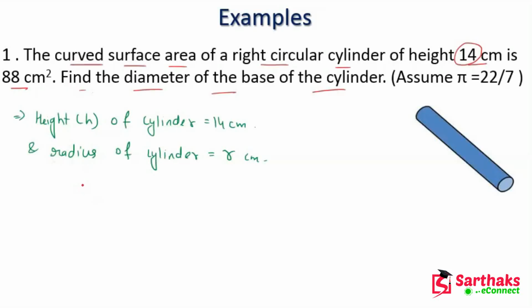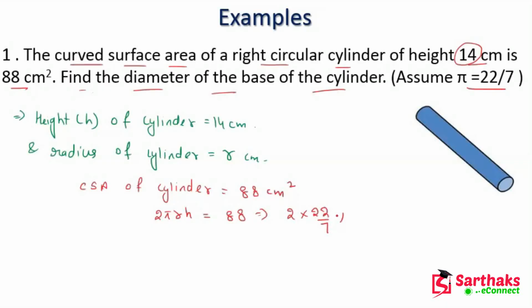We have the CSA of the cylinder equal to 88 centimeter square, and we know the formula is 2 pi r h, so 2 pi r h equals 88. Now the value of pi is 22 upon 7, so this becomes 2 into 22 upon 7 into r into 14, which is equal to 88.